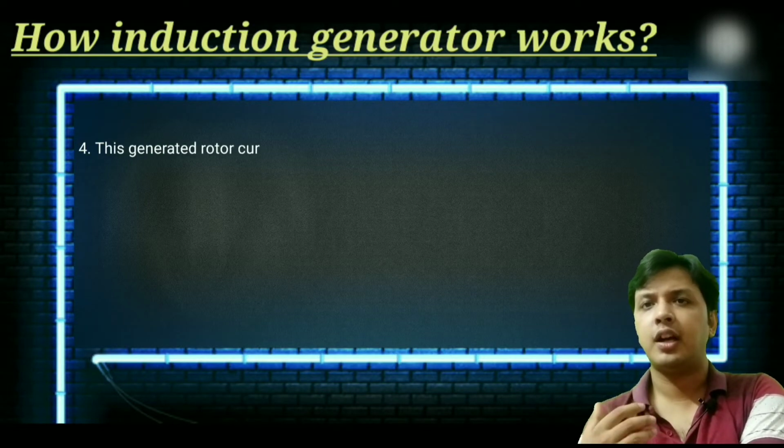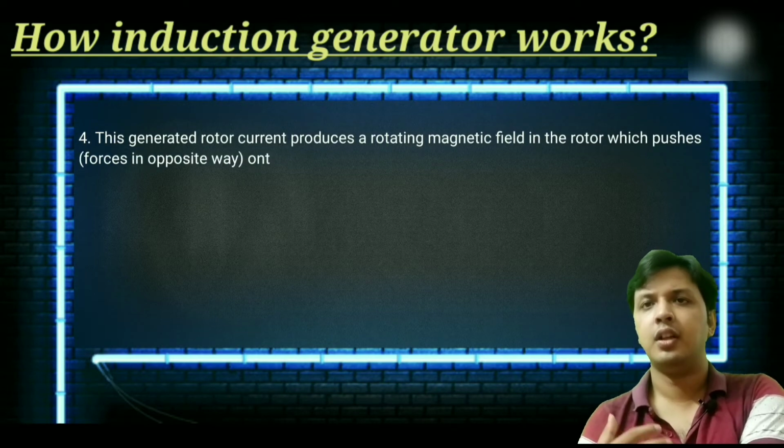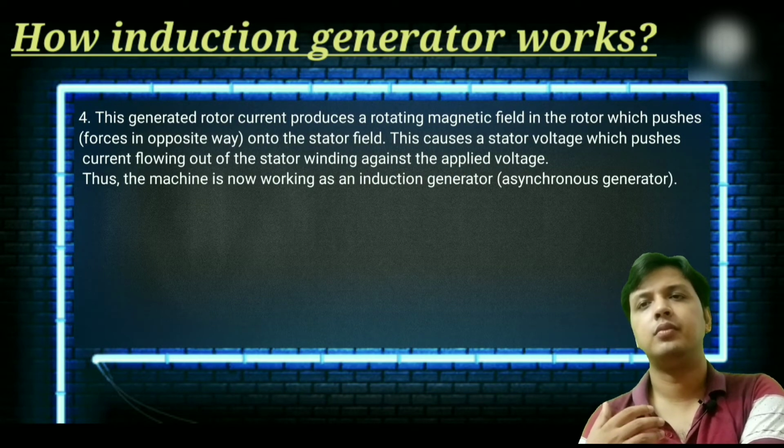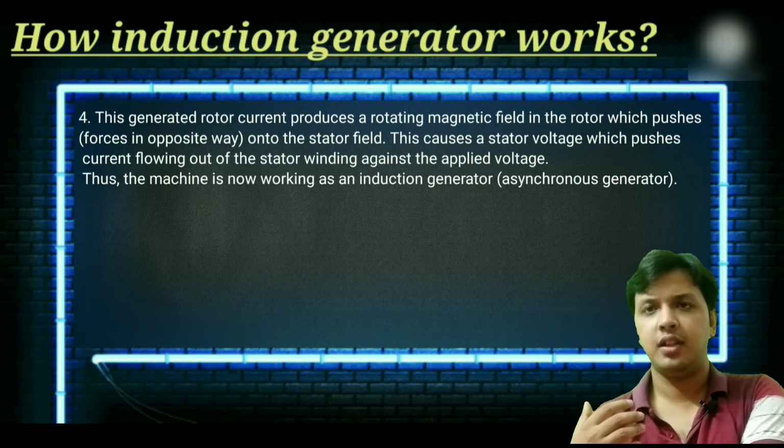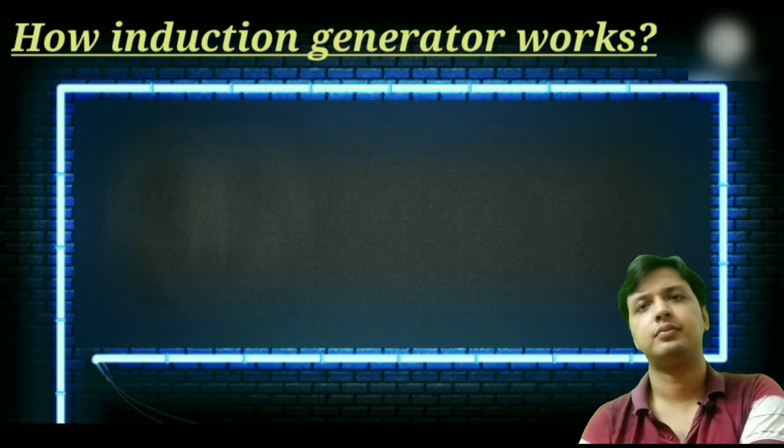This generated rotor current produces a rotating magnetic field in the rotor, which pulls onto the stator field. This causes a stator voltage which pushes current flowing out of the stator winding against the applied voltage. Thus, the machine is now working as an induction generator.